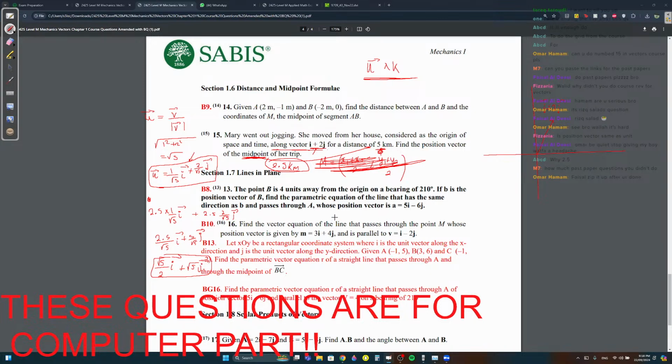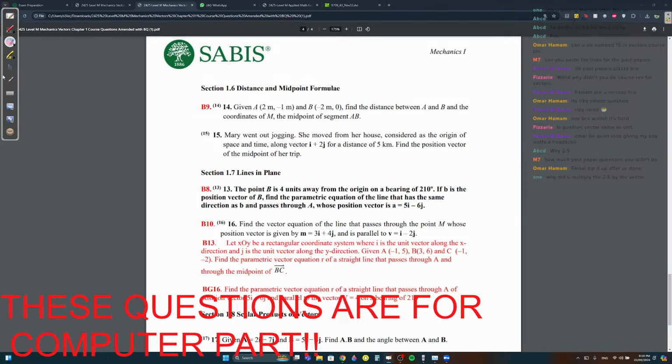Whenever you solve along a vector, you find the unit vector and multiply it by a constant. In this case our constant is 2.5 because it's the midpoint of 5. If you multiplied it by 5 you would get the final vector of her motion, but they want the midpoint so you just multiply by 2.5.